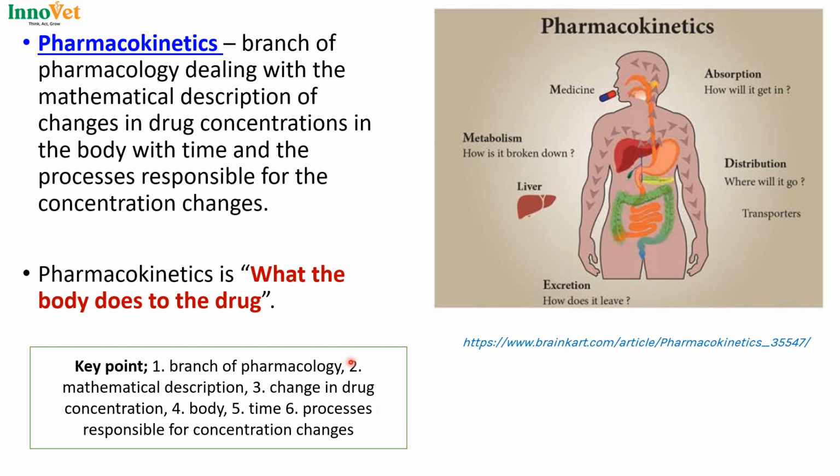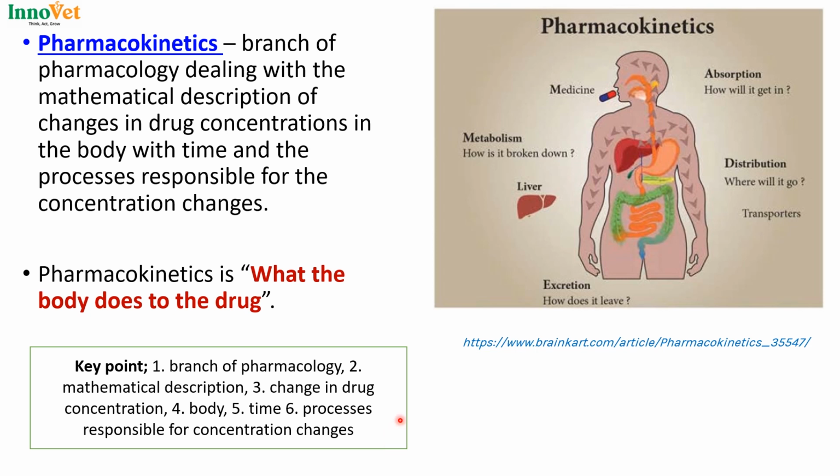One, it's a branch of pharmacology that you need to always remember, and this branch is going to look at the mathematical description of the changes in drug concentration, where in the body, for how long, looking at the time, and also the processes that are responsible for the concentration changes.